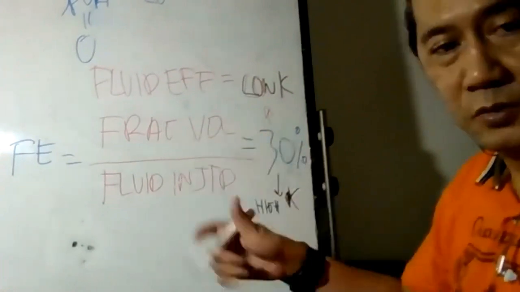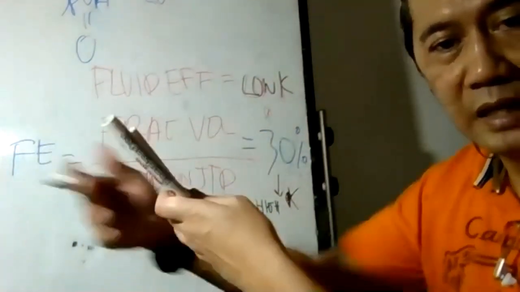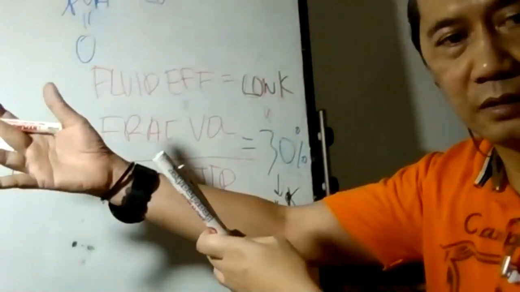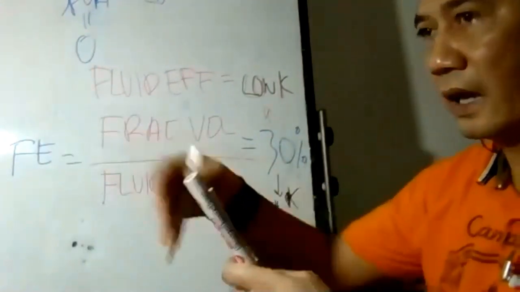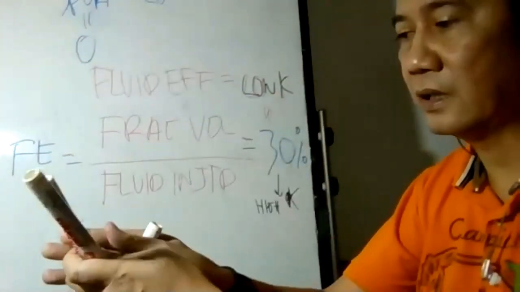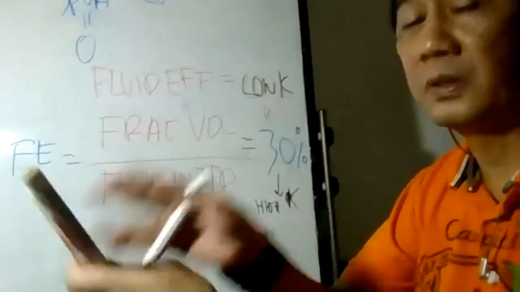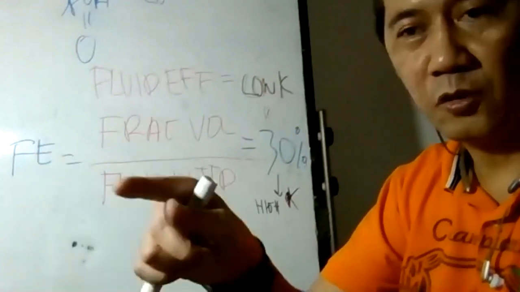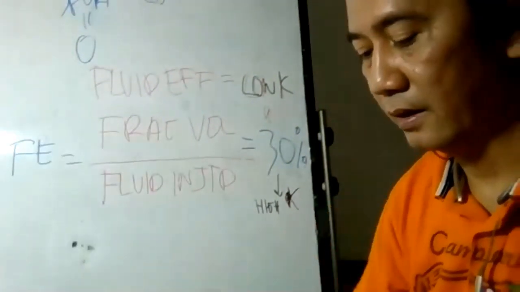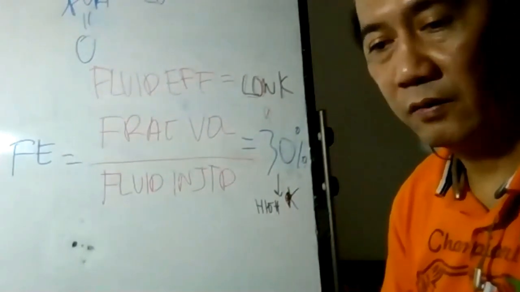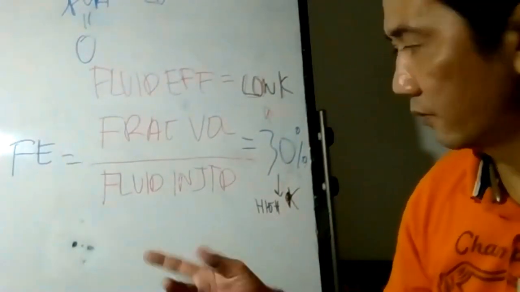Your frac volume is only 100 barrel, and the remaining 900 barrel is gone to the formation, leaking off. Why is 900 barrel gone and at the end I only have 100 barrel of frac volume? Because your formation permeability is high and lets all this frac fluid leak off, so the frac volume is so low.